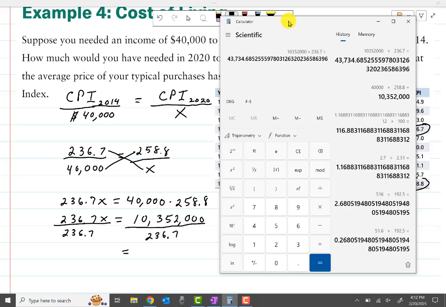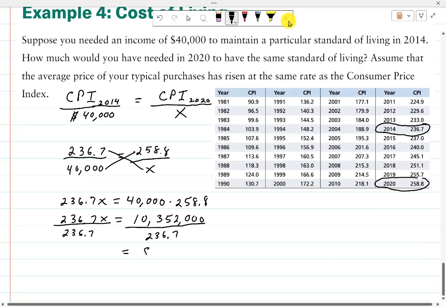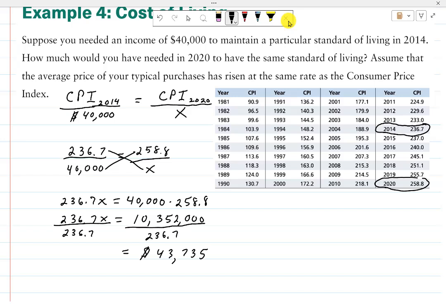And it looks like $43,734.69. I'm just going to round to 43,735. I'm sure that's a pretty good and accurate approximation of what we would pay in 2020.